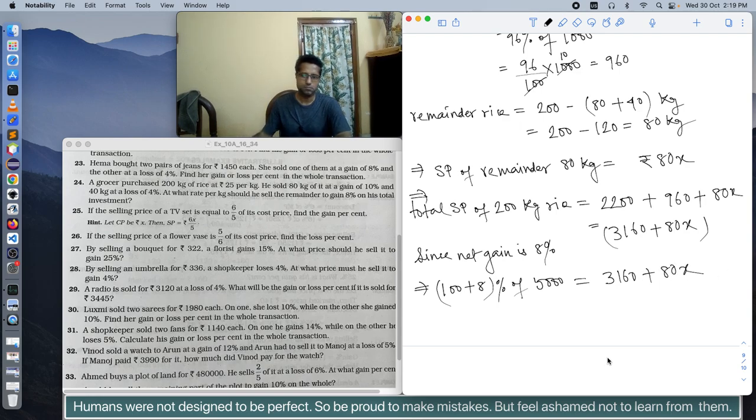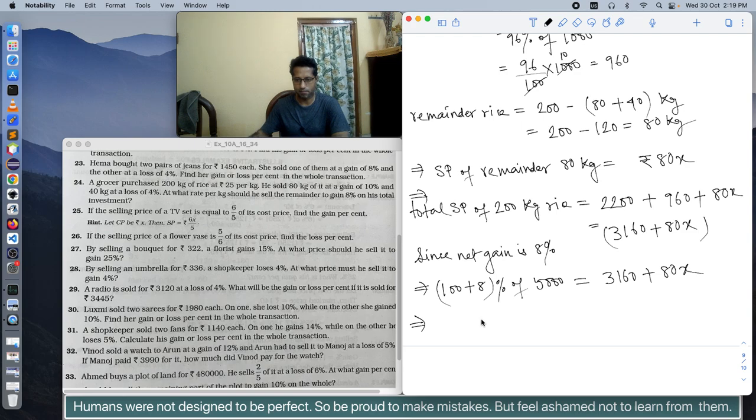The total cost price was 5,000, and there was a net gain of 8%. So the net selling price, to have a net gain of 8%, should be 100 plus 8% of 5,000, which should be equal to 3160 plus 80x.